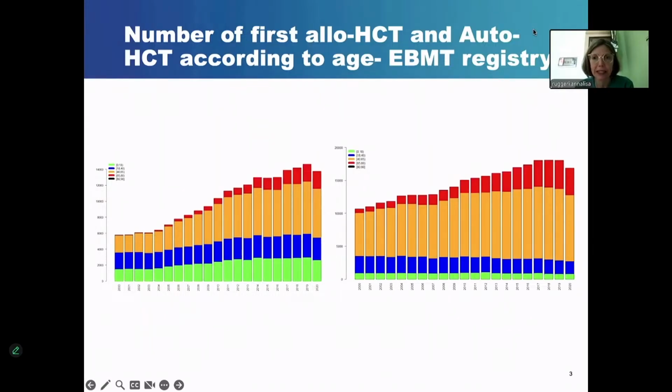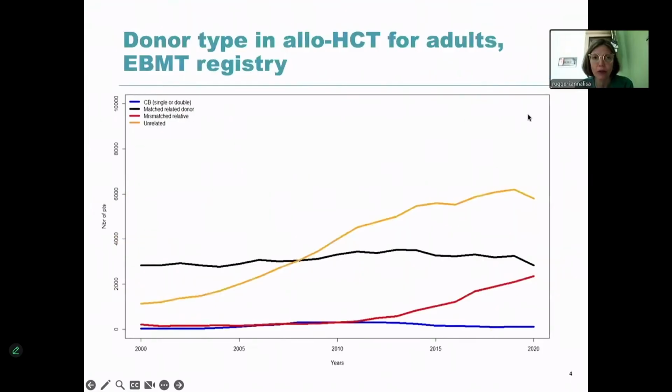This constant increase is also related to more common use of mismatched transplant, namely those marked in the red plot, performed using a haploidentical donor as the main donor.